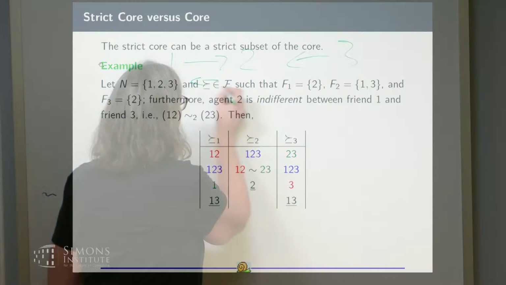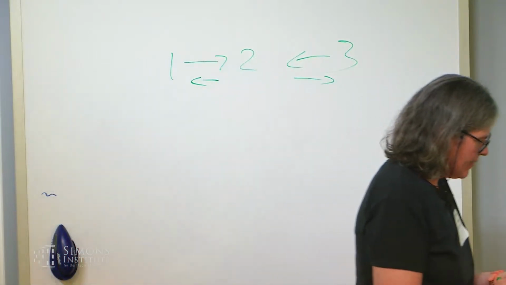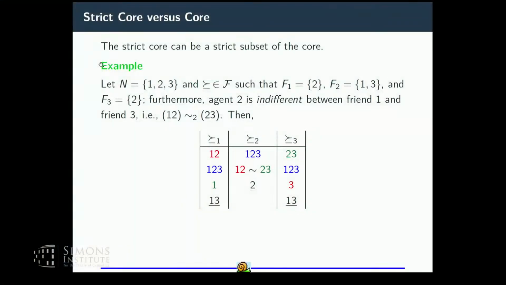So he points here and he points here, but they are equal friends. That leads to preferences that look like this, because this is the same to agent 2, and that's okay. And now what we can see is that there's a strict core allocation, namely the grand coalition, because everybody likes agent 2, so he has to be a member of any core coalition.